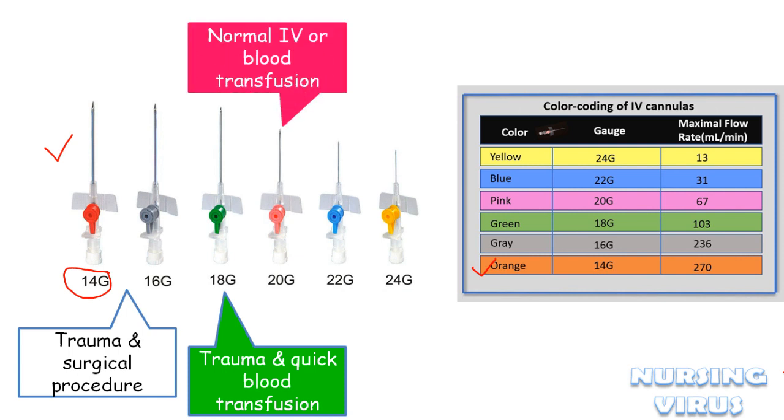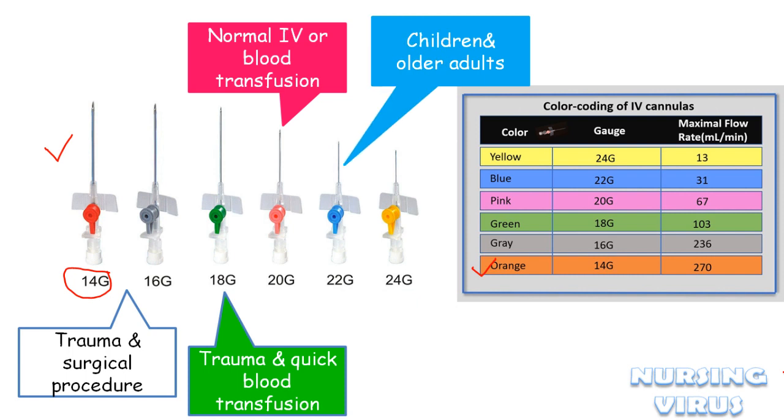The pink color is the 20 gauge size, a normal IV cannula commonly used for most adult patients, and also used for blood transfusion. The maximum flow rate is 67 ml per minute. The blue one is 22 gauge, with a maximum flow rate of around 31 ml per minute.